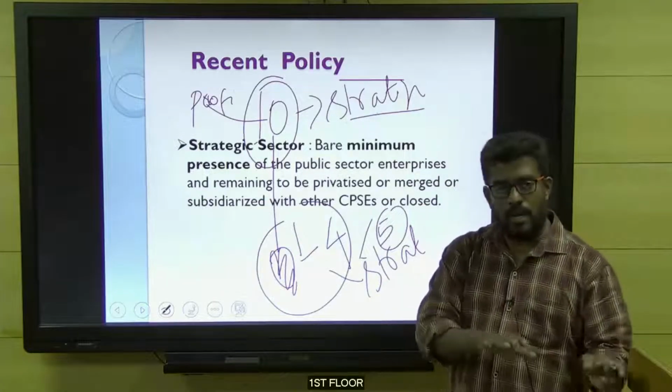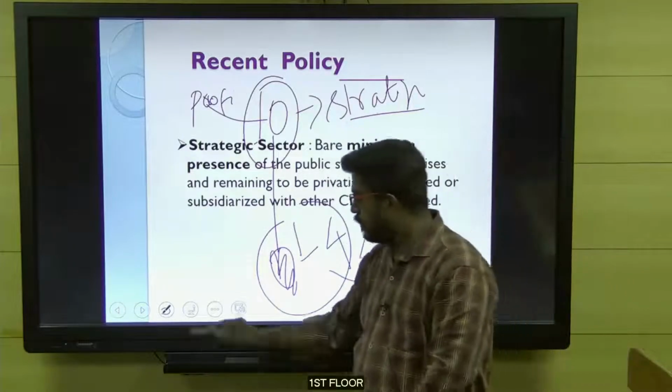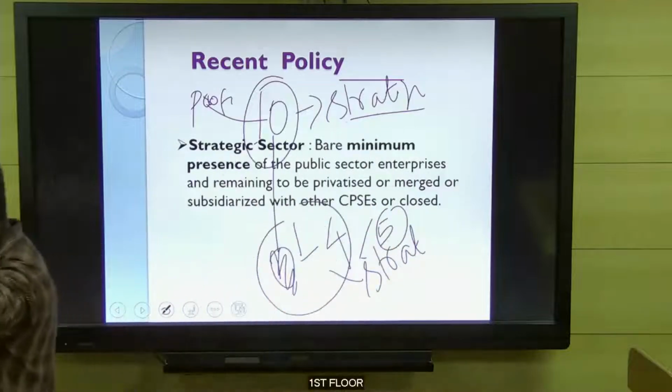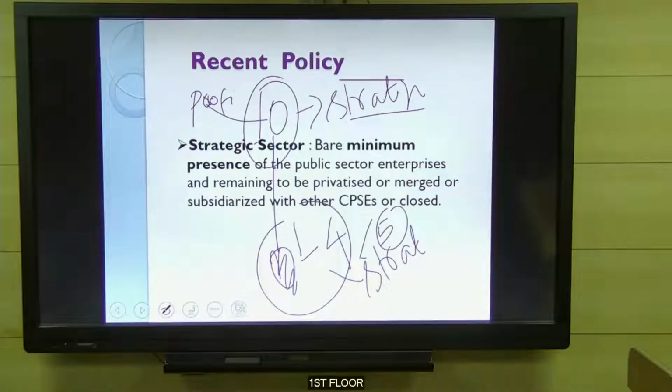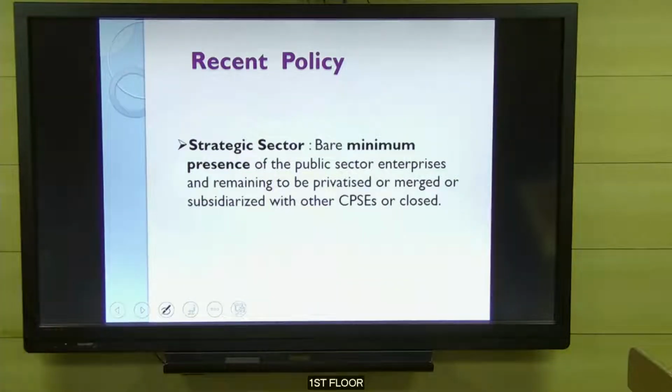All these points you can write with the help of this slide. Now write all the points I have given in the slide. This is the current policy we have, the recent policy. Bare minimum presence of the public sector enterprises, and the remaining to be privatized or merged or subsidiarized with other CPSEs, or they will get closed. That's all.